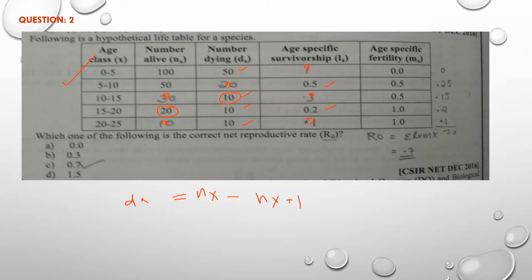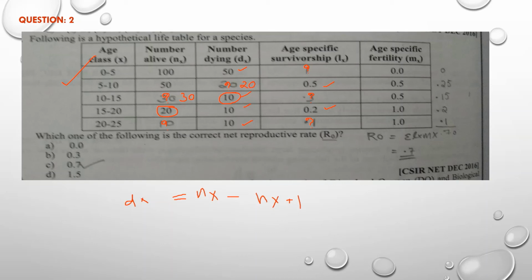So here Nx is 30. Now we know Nx plus 1 value, so we can calculate Dx for 5 to 10. Here equation is Nx minus Nx plus 1. Here Nx is 50 and Nx plus 1 is 30. So 50 minus 30, that is 20. So Dx is 20.